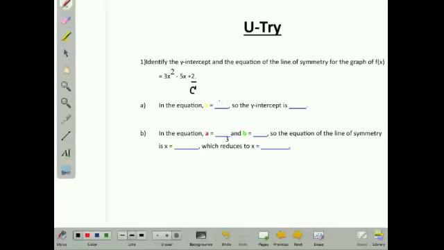So in this case, the y-intercept is a positive 2. c is a positive 2, so the y-intercept is a positive 2. If we're going to identify the point, it would look like (0, 2).